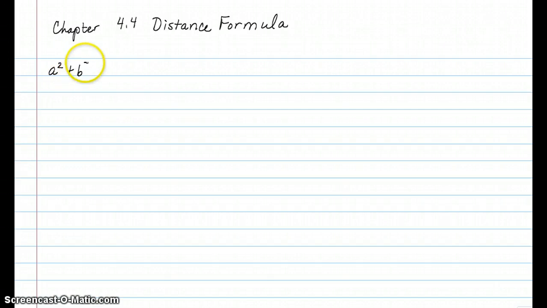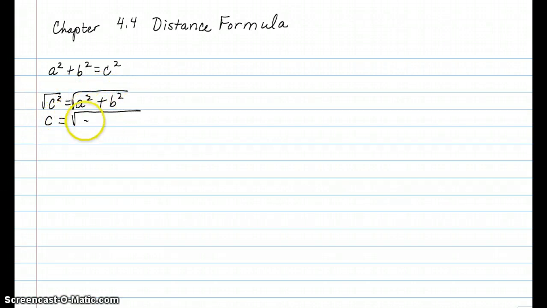I'm going to turn it around, so we have c squared equals a squared plus b squared. How do you get c by itself? Well, you take the square root of c squared and the square root of a squared plus b squared. The square root of c squared is c, and now we have the square root of a squared plus b squared.